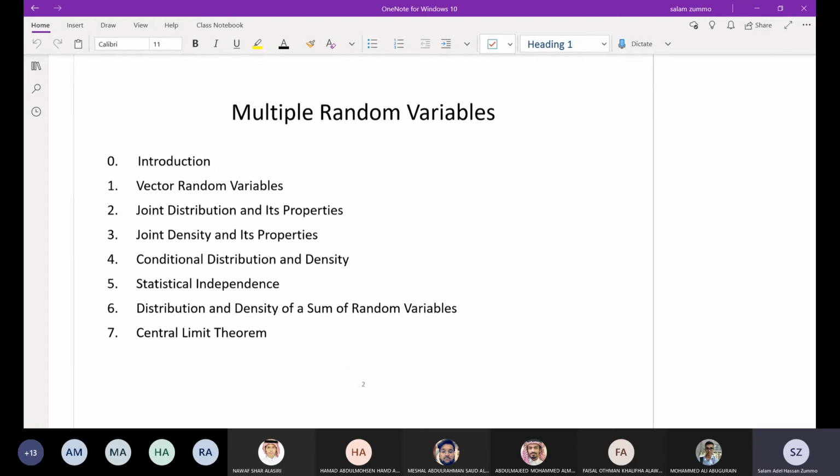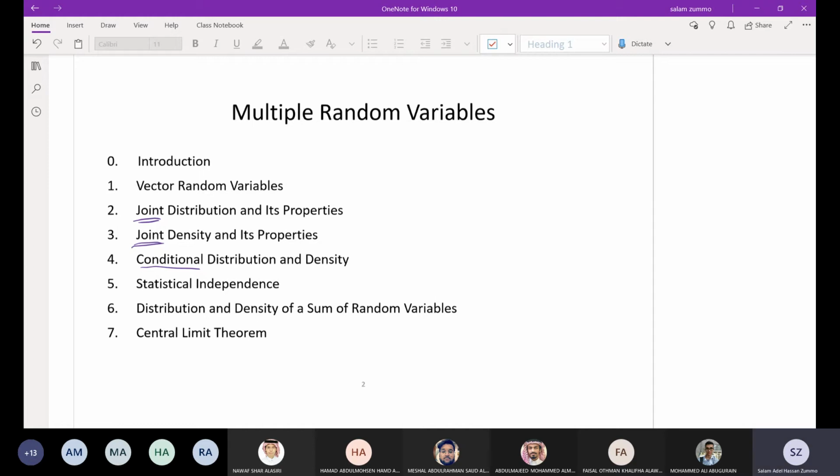Since we have multiple random variables, we will talk about what we call joint distribution function, and joint density function, because we have more than one random variable. We'll talk about conditional distribution and density function. When we condition on one random variable, what is the conditional distribution of the second random variable?